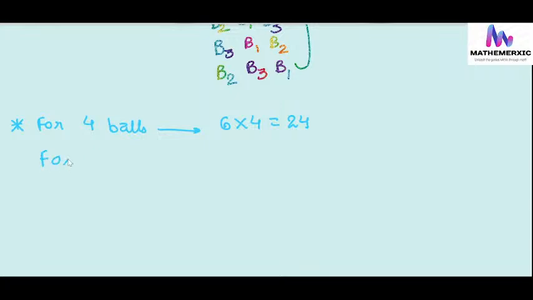For 5 balls, 6 into 5, that is 30 can be the answer. We'll just check it. Let me just check it first.